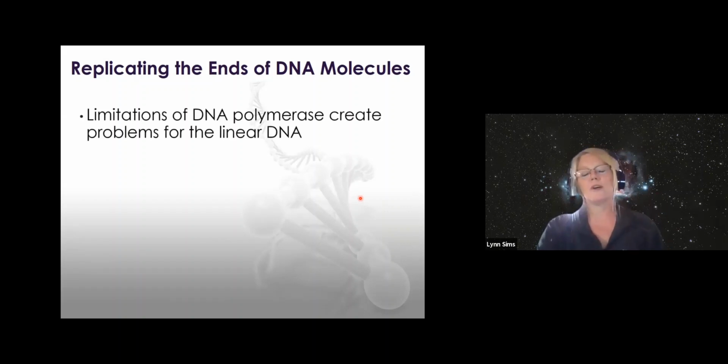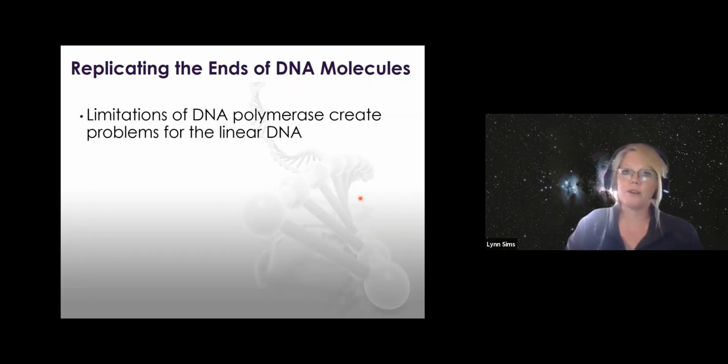DNA polymerase needs a 3' hydroxyl group in order to add a nucleotide to it. So this is a limitation of DNA polymerase. It can't just add nucleotides to the 5' end of a DNA molecule. It can only add to the 3' end.